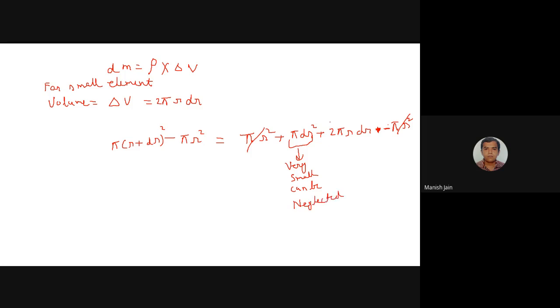So the answer is 2 pi r dr. Now dm equals rho multiplied by 2 pi r dr.